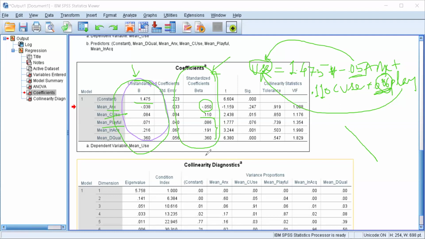That is what it means. 19% is influenced by the act and 36% is influenced by the qualification skill, right? The more a person is qualified to use a certain software, they use it more by 36%. If they have reached a certain skill, then their usage increases by 19%, and so on. So that is how it is.